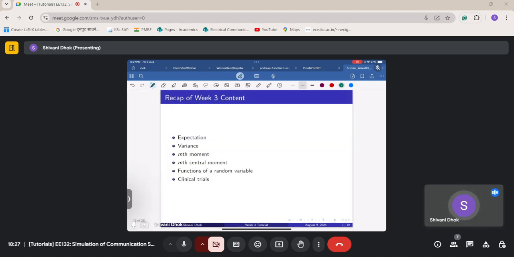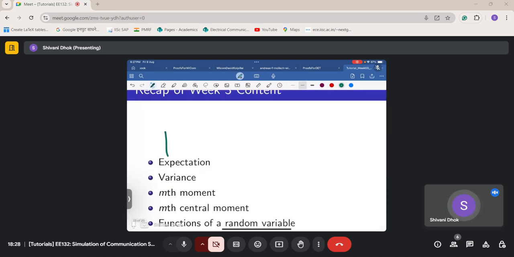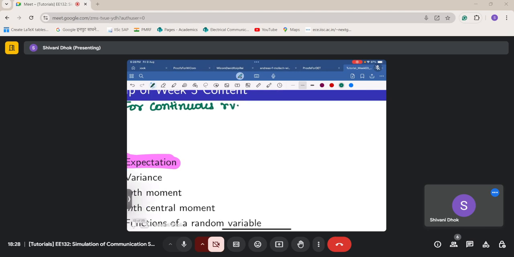And after that we looked at some more things related to random variables. The first one was expectation. For a continuous random variable, expectation of X, which we denote like this, is the integral from minus infinity to infinity of x into the PDF dx.